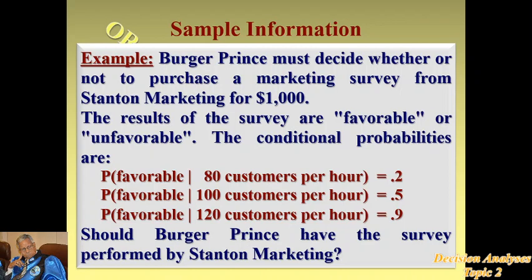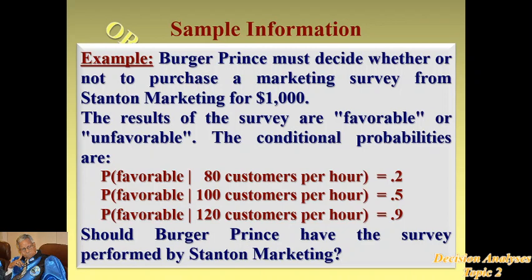Favorable conditional given 80 customers is 0.2, unfavorable 0.8. The probability of unfavorable given 100 customers is 0.5; 0.5 plus 0.5 equals 1. The probability of unfavorable given 120 customers is 0.1.